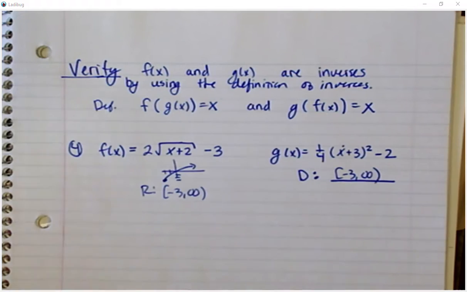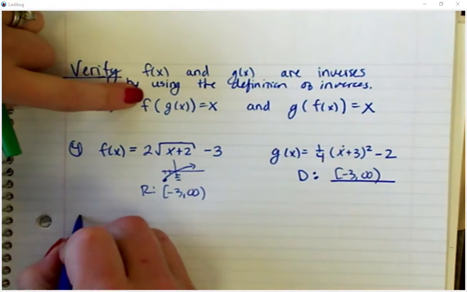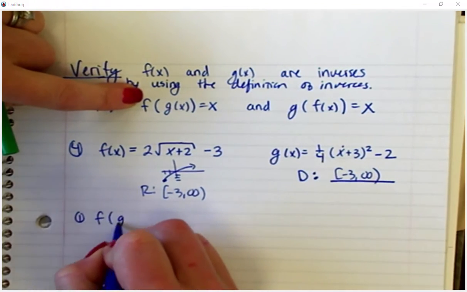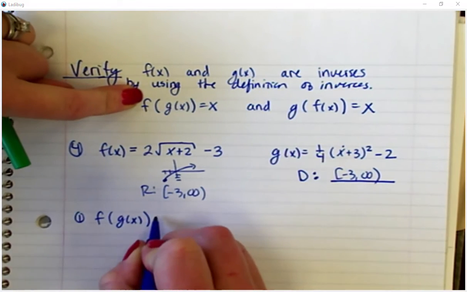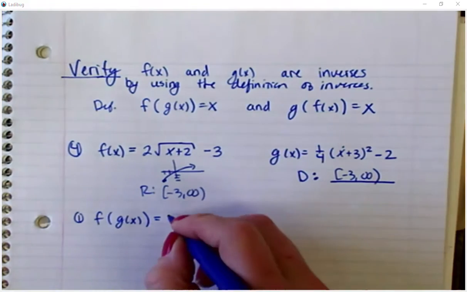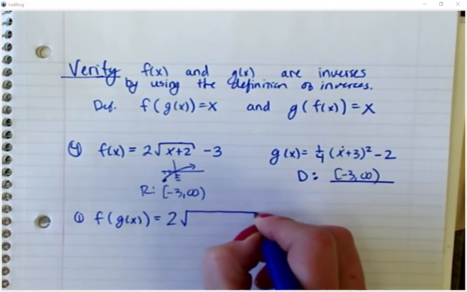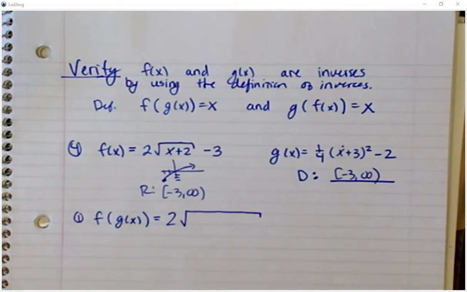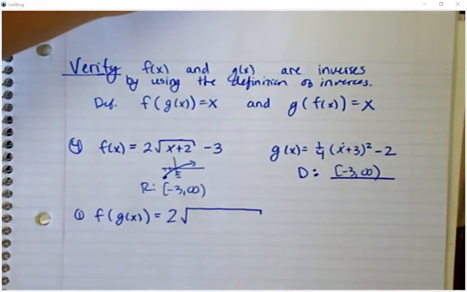Okay, so let's set it up. Let's do the first part. F of g of x. F is on the outside. G is on the inside.